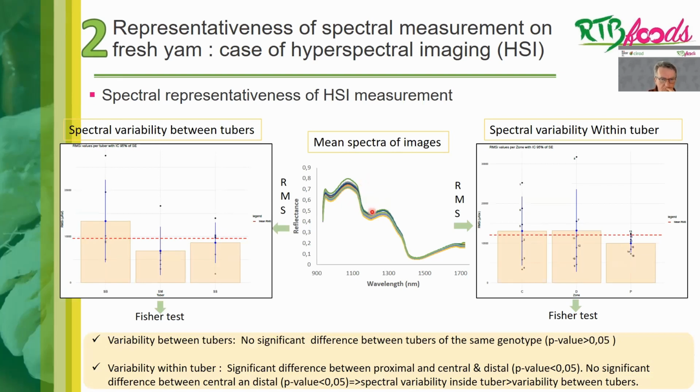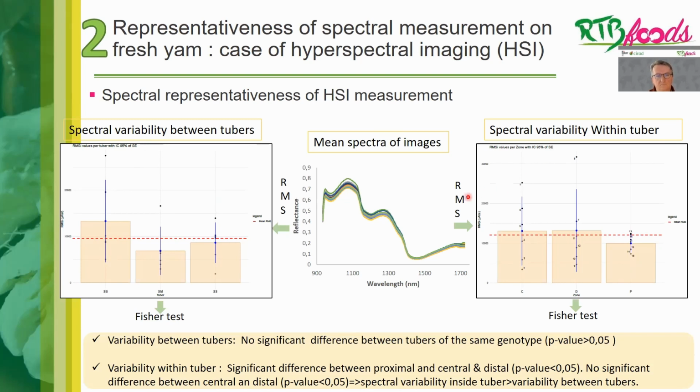And from these spectra, we apply RMS to see the spectral variability between tubers, because we use 3 tubers per genotype. And then we also apply RMS to see the spectral variability within tubers, inside the tuber.